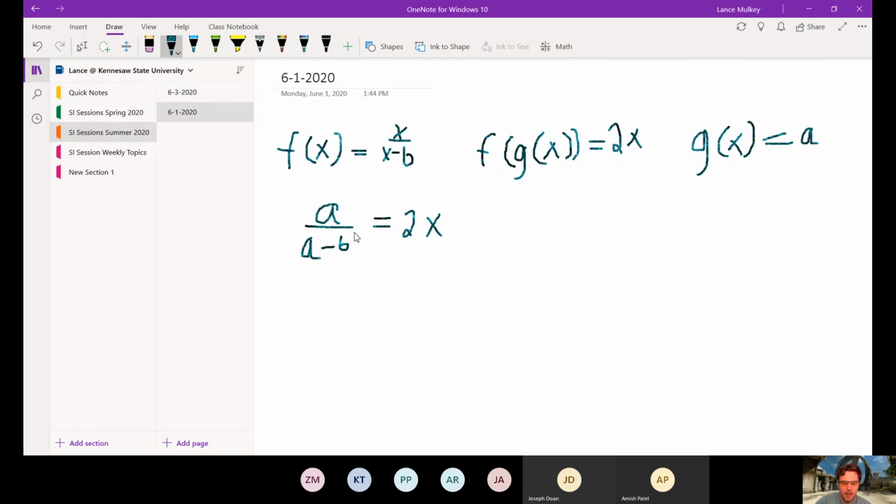So when you're solving for a right here, this is a 6, not a b.